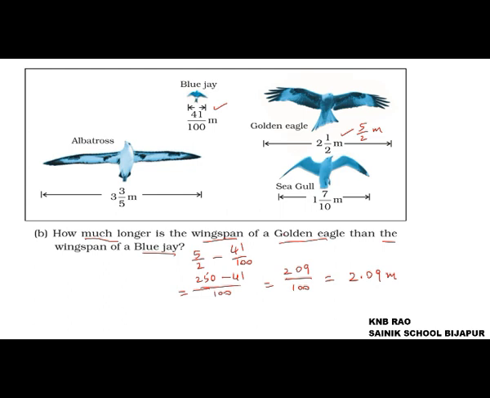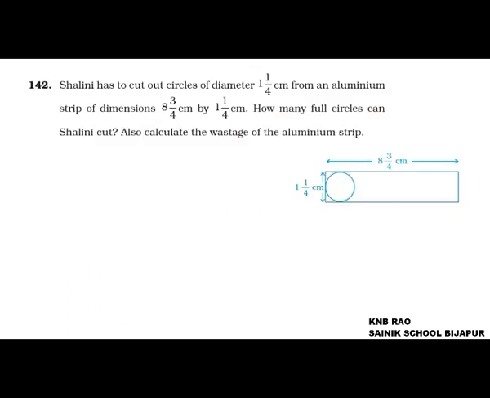Now we will solve question number 142. See children, in question number 142, you need to be careful. This is a very important question. Shalini has to cut out circles of diameter 1 integer 1/4 centimeter from an aluminium strip.